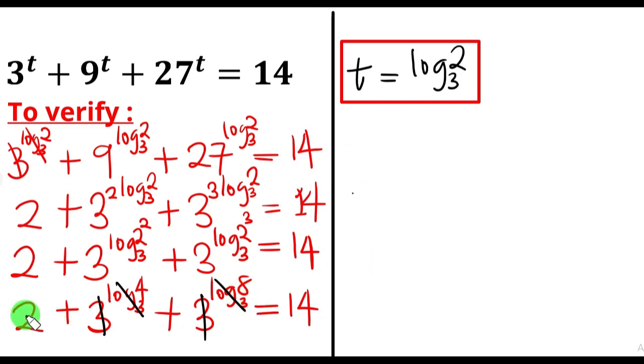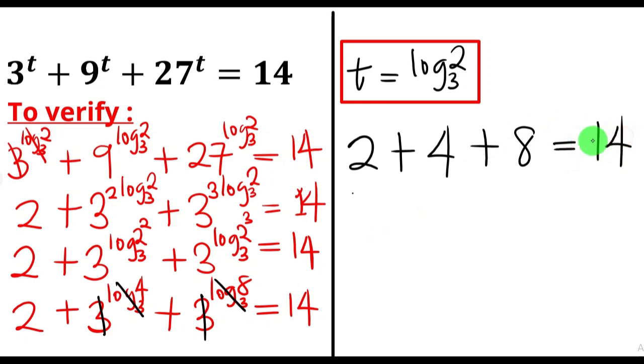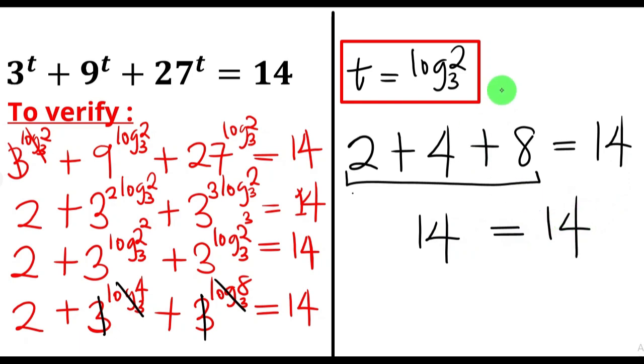At the end of the day, we still have this 2 left here, plus 4 left here, then plus 8 left here. Is it equal to 14 or not? So 2 plus 4 is 6, 6 plus 8, the whole thing here is 14, which is equal to 14. That shows that this value of t is absolutely correct.